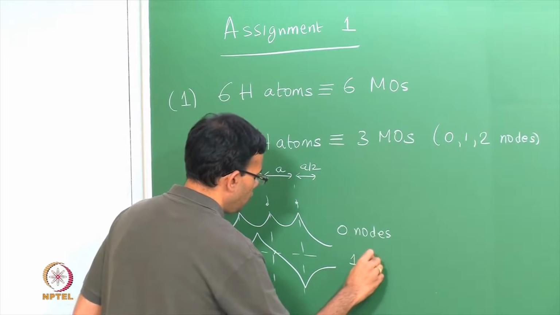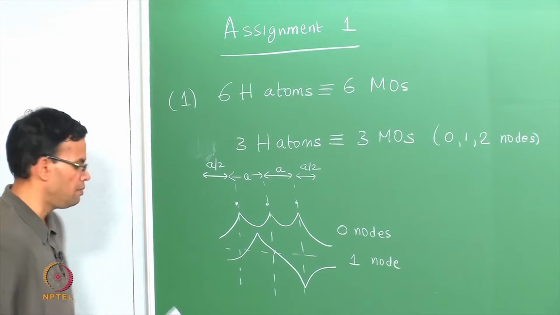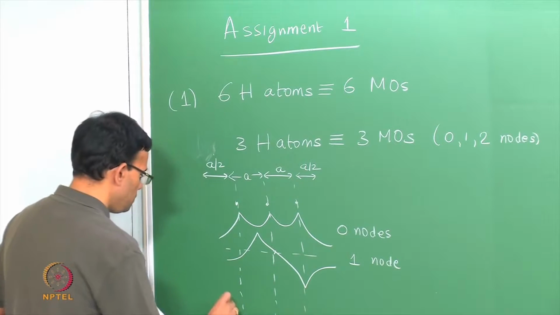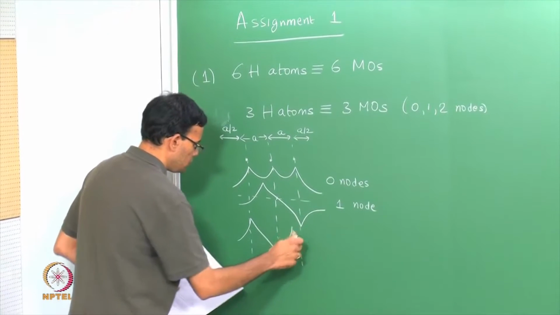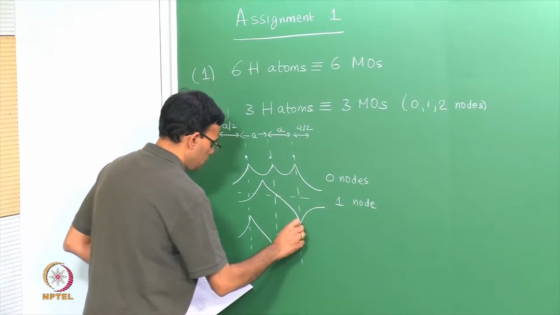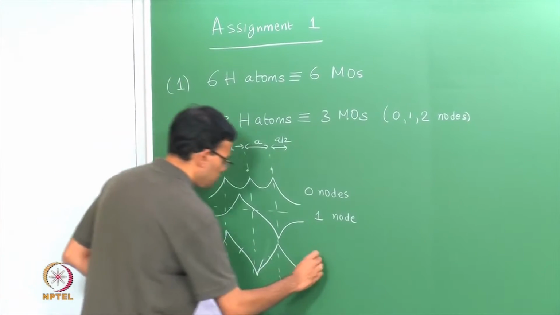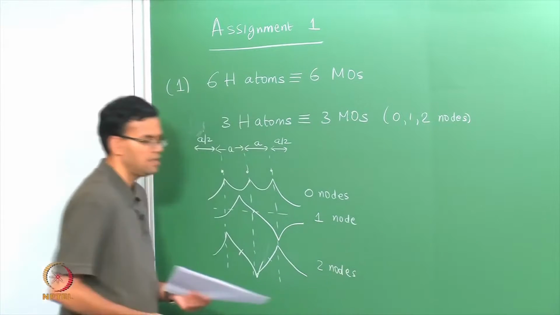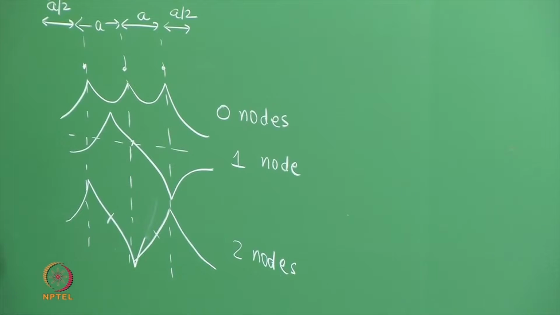So, this has 1 node, and we can draw something similar with 2 nodes. So, here you have 2 nodes, and these are the 3 molecular orbitals with increasing energy.